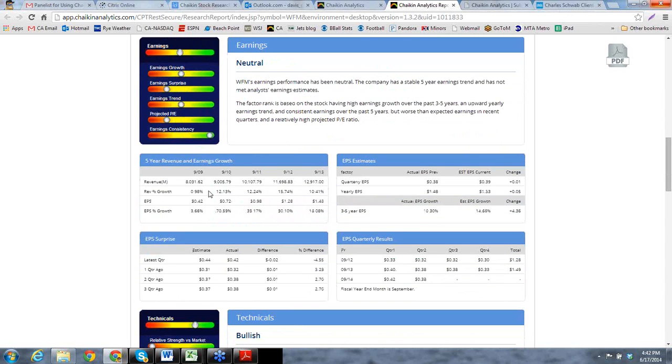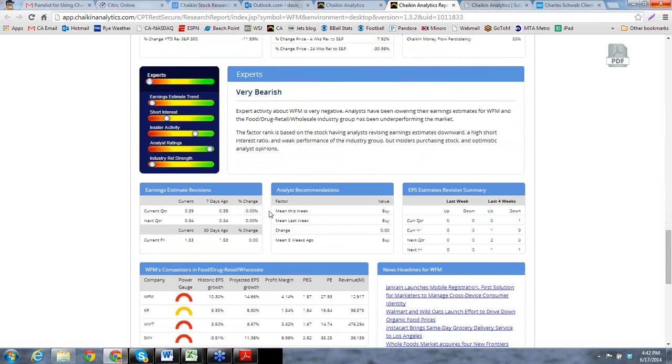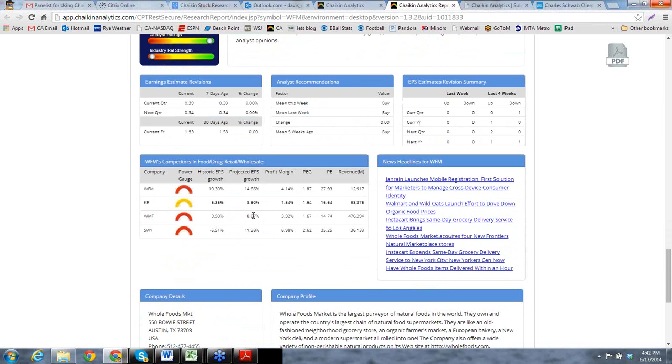Earnings are neutral, again, some basic earnings data, the technicals, and then finally the expert opinions and a little more data, as well as some competitors in that group.